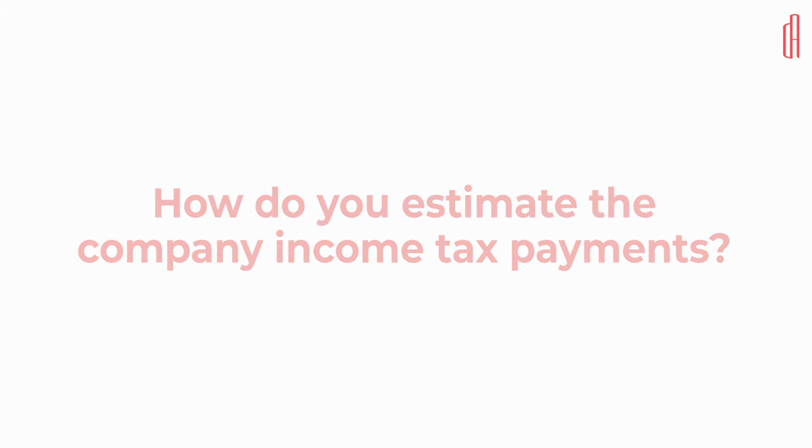Let's say you're in January and you already know that you will have profit this year. Start making an estimate of the profit for the entire year as precisely as you can. Then calculate 22% of the estimated profit and divide this by 2.